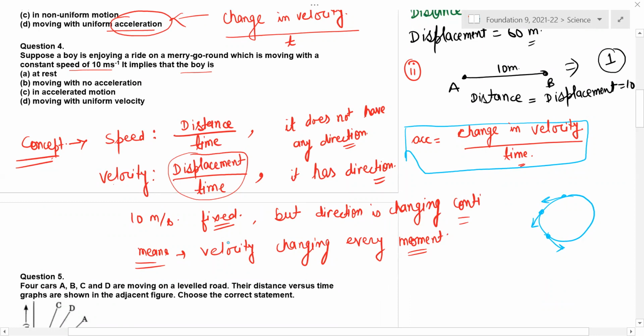Sir, so displacement will be calculated every second. You are asking whether displacement is being calculated every second. Sir, how is direction changing displacement, sir? Please understand, Babu. In a circular motion, if you go in a straight line A to B, your direction always remains the same, right? Is it changing direction? No. Can you say it is the same direction in a circular path?